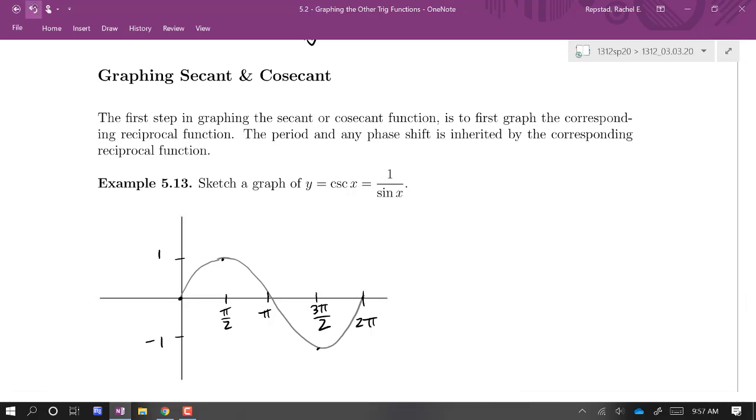I feel like I can do better. Hold on. I know I can do better. Okay, it's fine. Just imagine that this point is perfect, okay? I could just move the pi over.